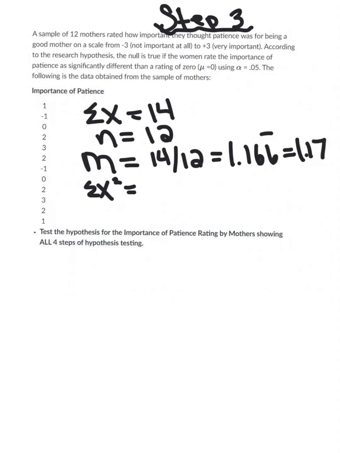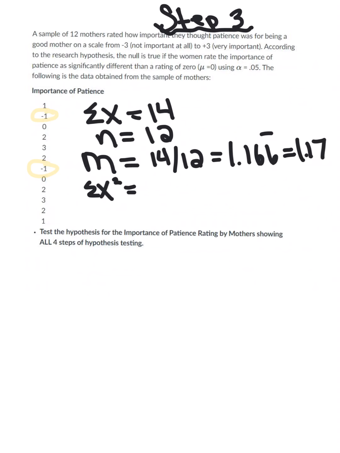And if you'll notice, I did not enter the negatives in, just because if you square a negative, it should be positive, but you have to enter in your calculator a certain way, and that takes a lot of extra steps.